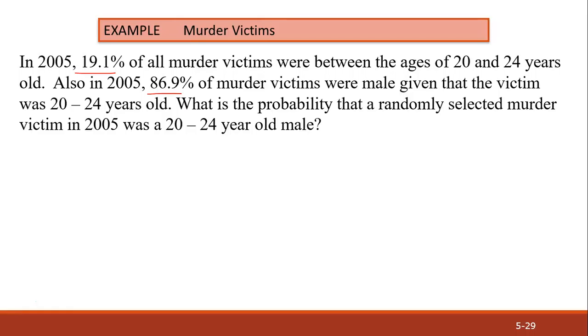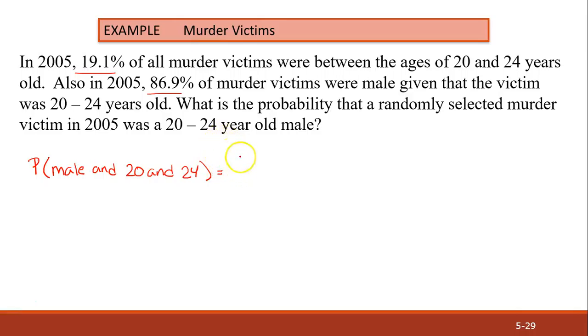So let's look at this right here. This is the probability that we are trying to find: the probability that a randomly selected person was male and they were between the ages of 20 and 24.